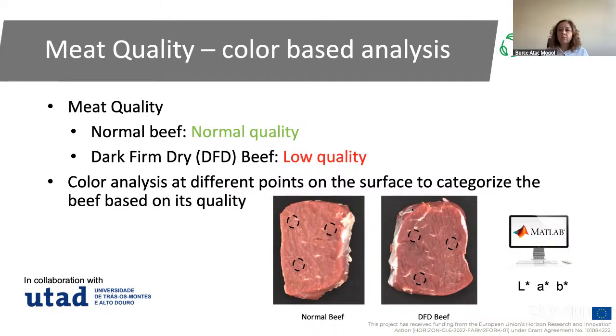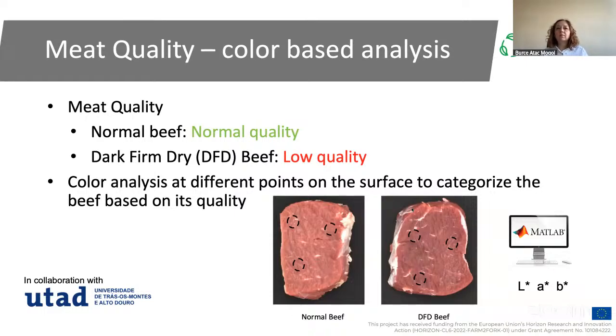In the normal case, it's based on the pH. There are many chemical analyses like pH or some other chemical markers that should be analyzed to classify it as low quality or high quality beef. And in our case, we use this approach to categorize the beef as normal or low quality, just by checking its color through computer vision-based image analysis.